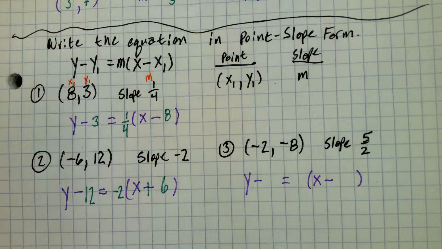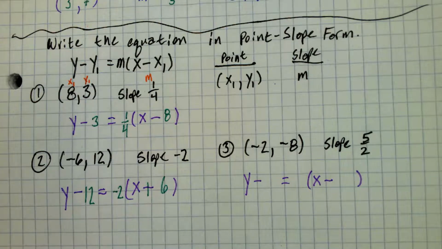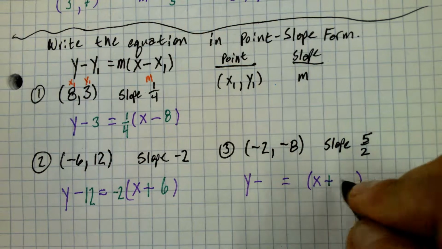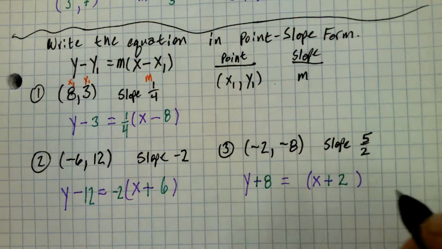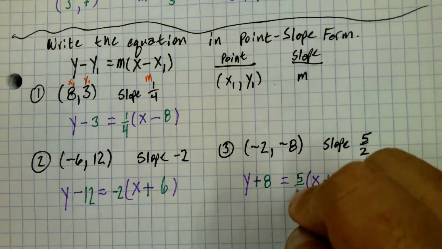Put that in there. Okay. So hopefully this is what you got. Plus 2 here, plus 8 there, and 5 halves there.